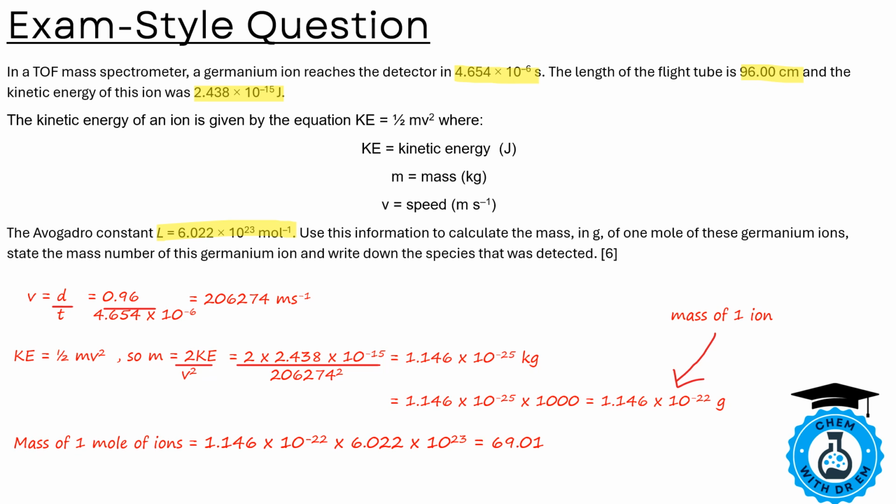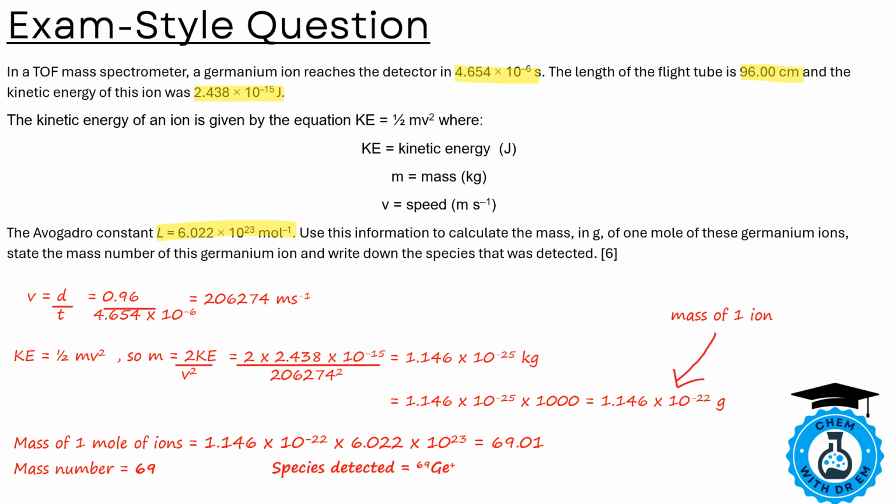Now, the question here has asked for the mass number of this germanium ion and to write down the species that was detected. Now, because this is 1 isotope of germanium, we actually give this to no decimal places. That's only if we're averaging all of the masses of all of the individual isotopes. So in this case, my mass number is 69.